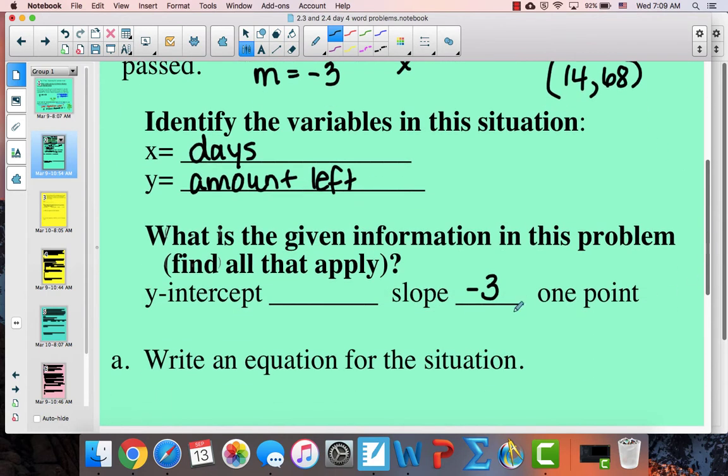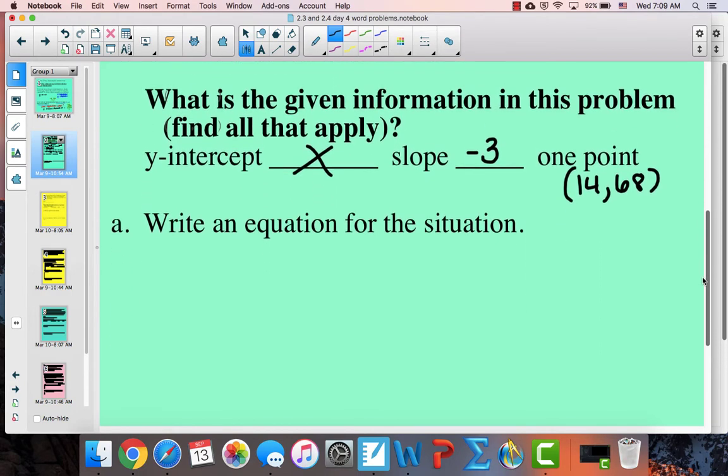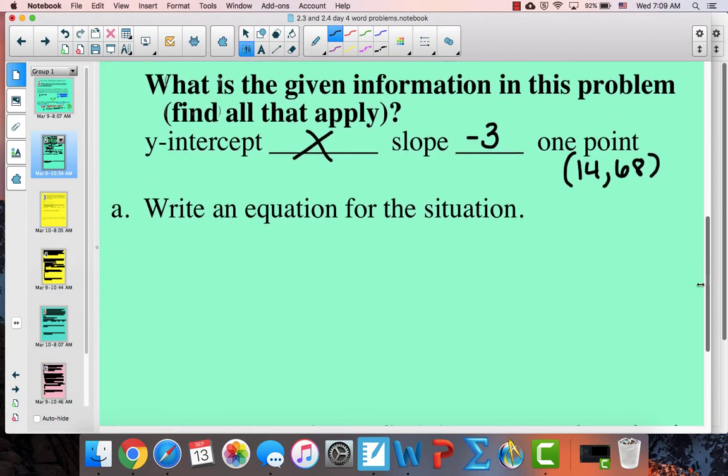Okay, so I don't have a y-intercept given to me in this case, but I do have that point. That point is (14, 68). And I don't have a second point. So I have a slope and a point. So it says write an equation for the situation. Now I can use those skills we learned this summer. I can use point slope.